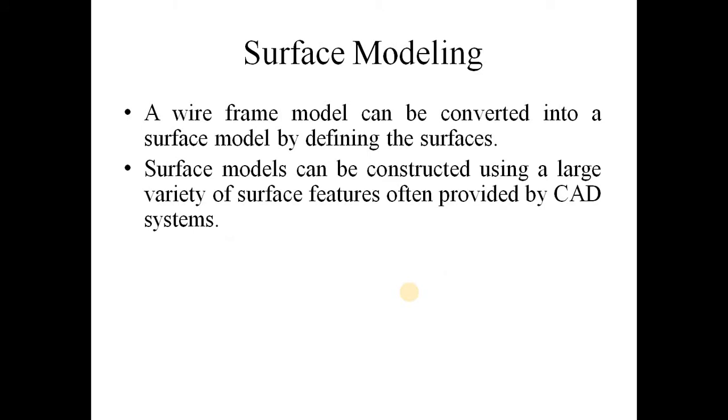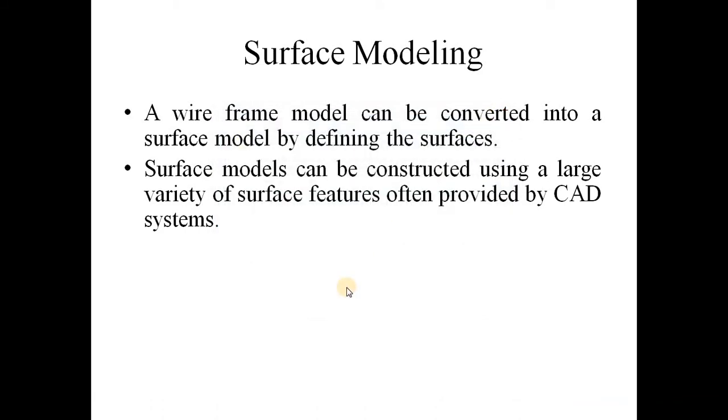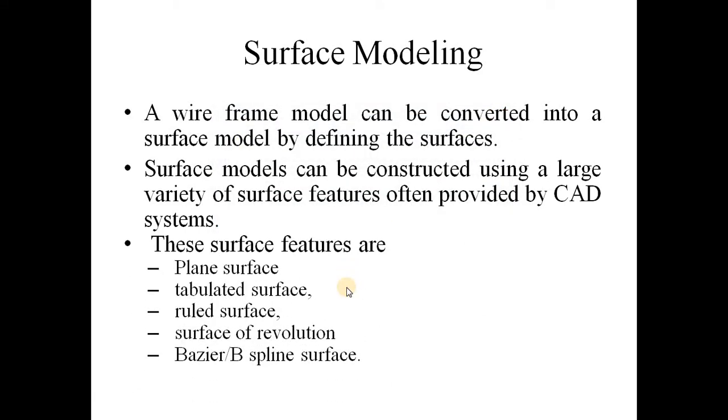Surface models can be constructed using a large variety of surface features often provided by the CAD system. Now in the CAD software or modeling software there are some surface features available. You can use the surface features to convert a wireframe model into a surface model. Now what are those surface features?